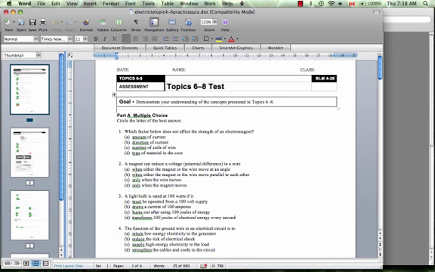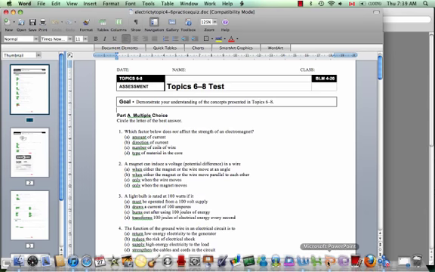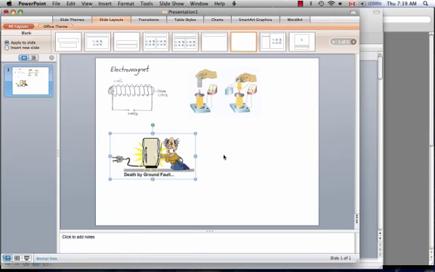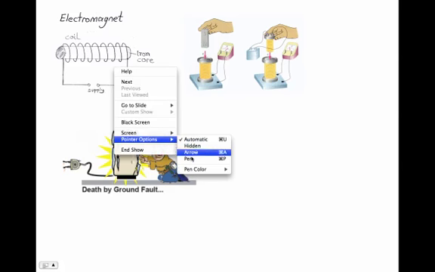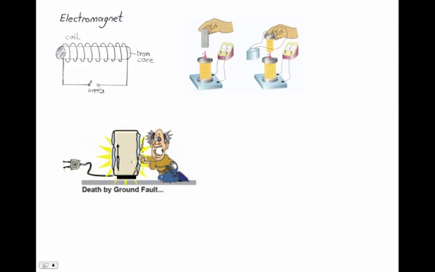So the first question, what factor below does not affect the strength of an electromagnet? So let's look at a picture of the electromagnet again. Here's our electromagnet. And so as you know, we put a battery here and electricity runs from the negative through the coiled wire back to the positive.